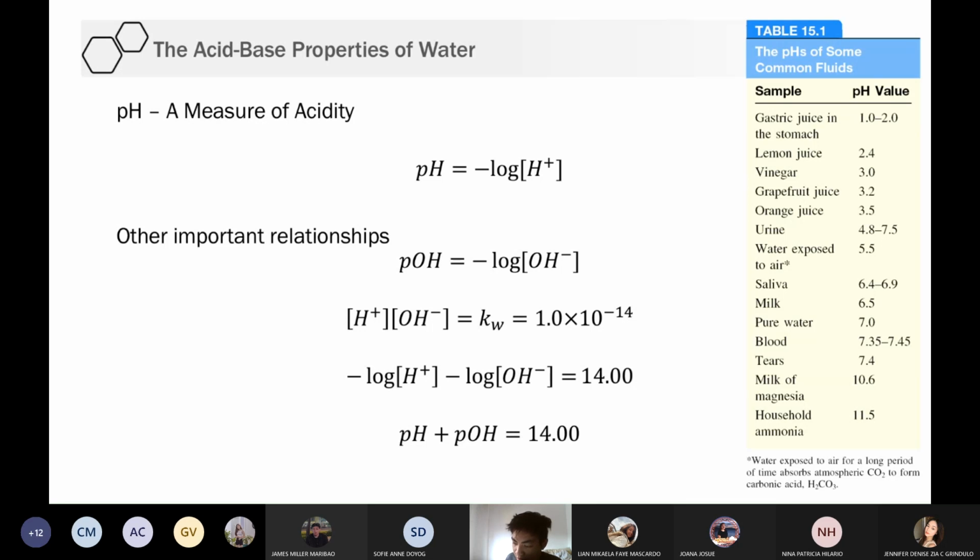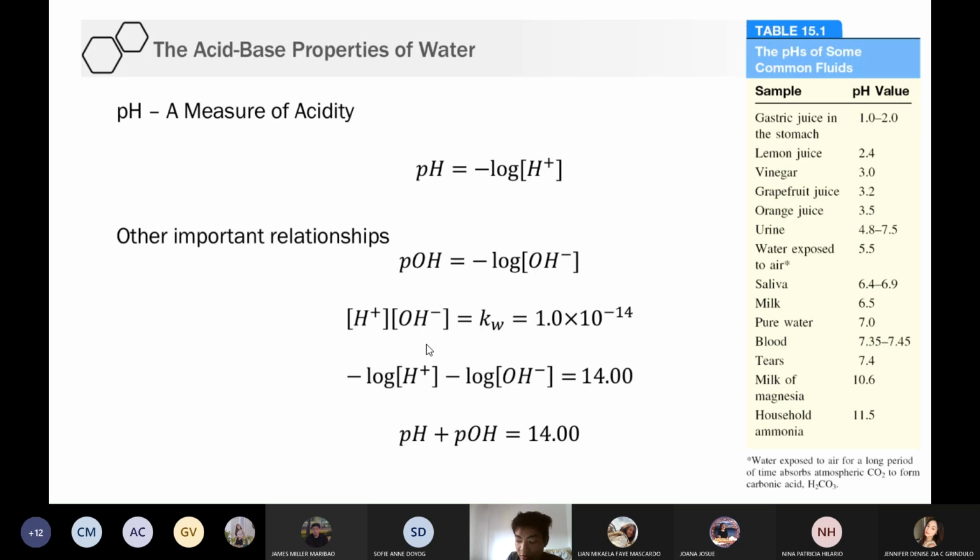Okay? So, paano natin nakuha yung idea that pH and pOH, pag pinagsama sila, equal to 14? We use the ion product of water. Remember that Kw is equal to the concentration of H plus times the concentration of OH minus.